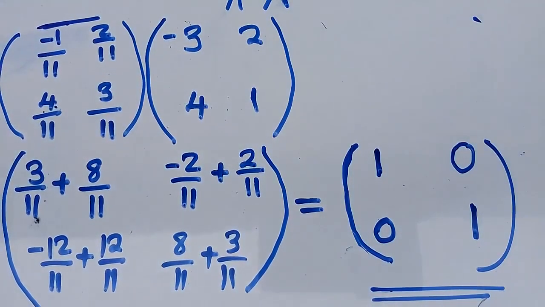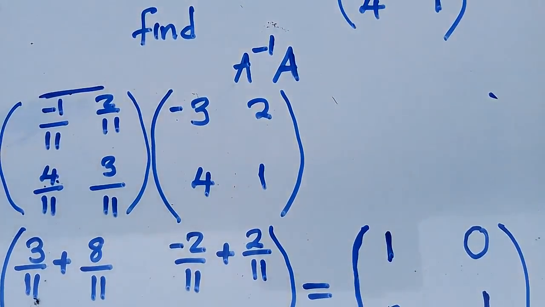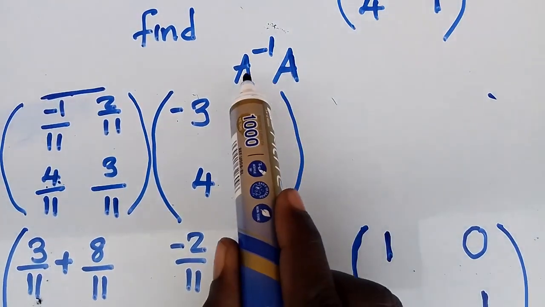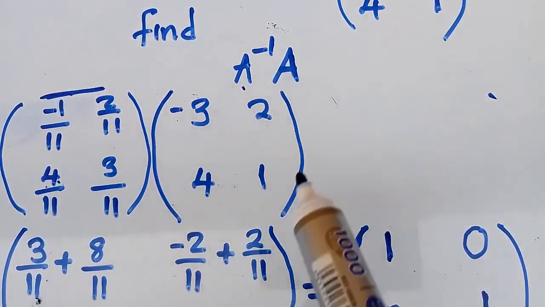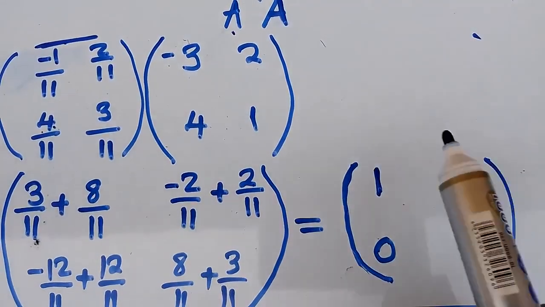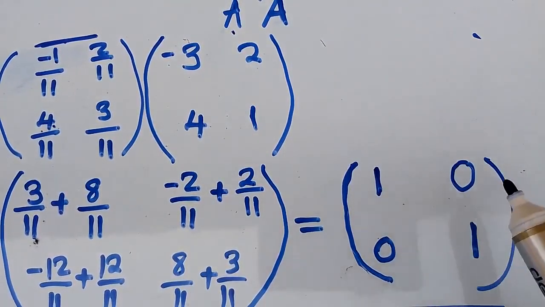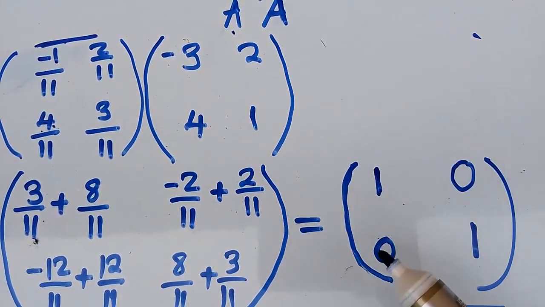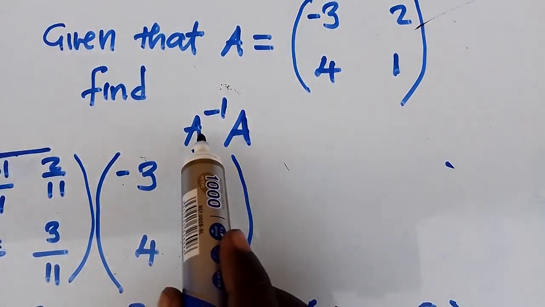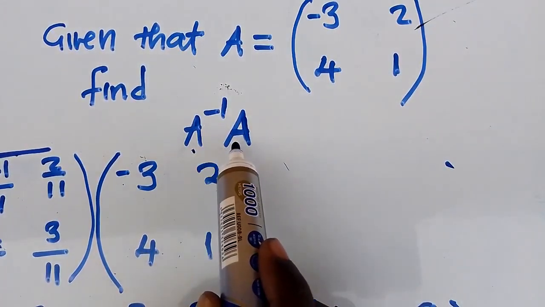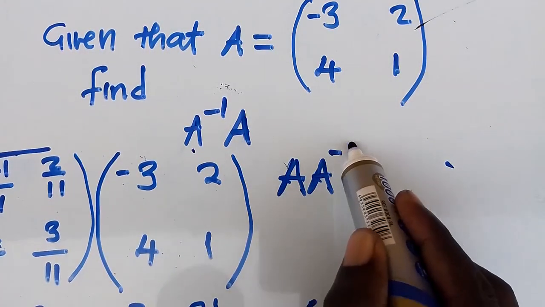In other words, when you get a matrix and multiply it with its inverse, you always get this type of matrix. This type of matrix is called an identity matrix. In certain questions, they are going to tell you to show that the inverse of A multiplied by A is just the same as A multiplied by A inverse.